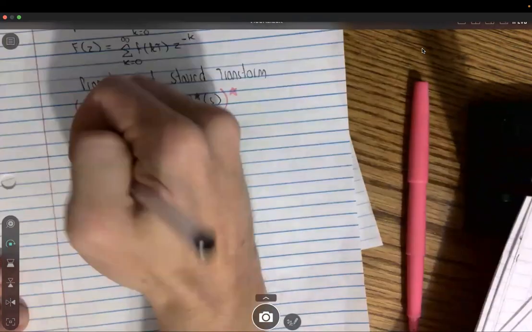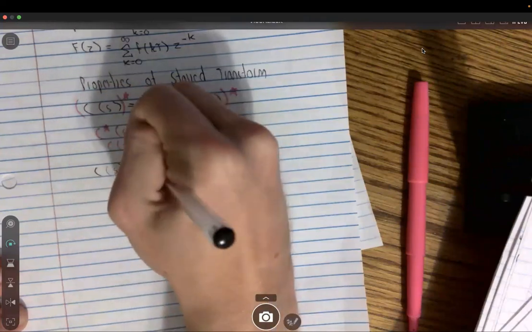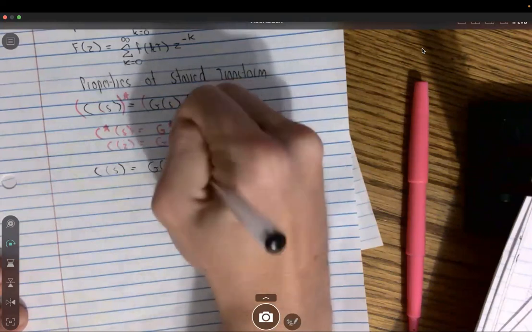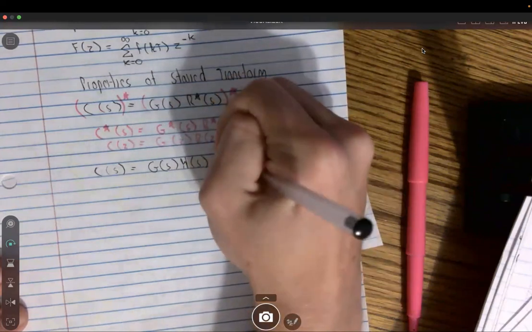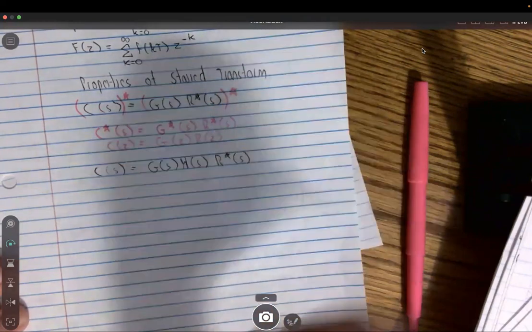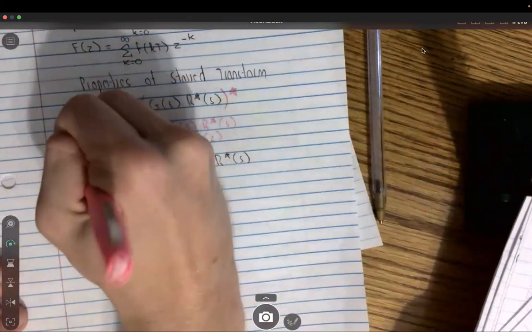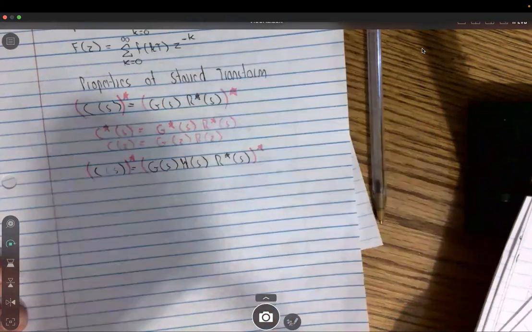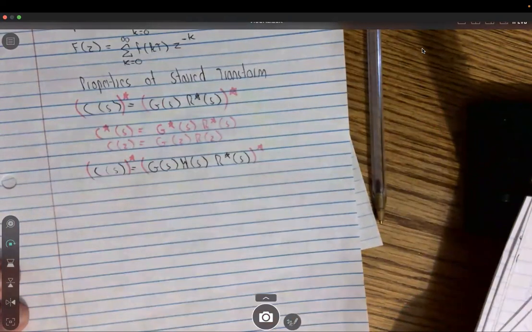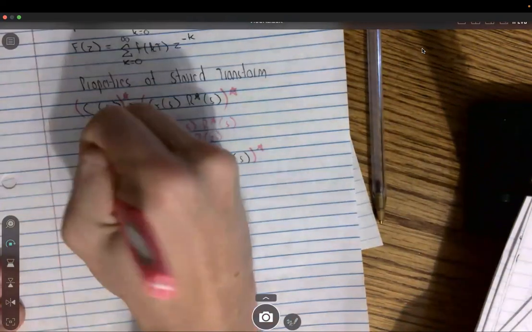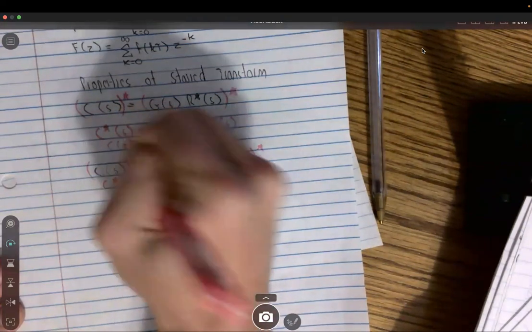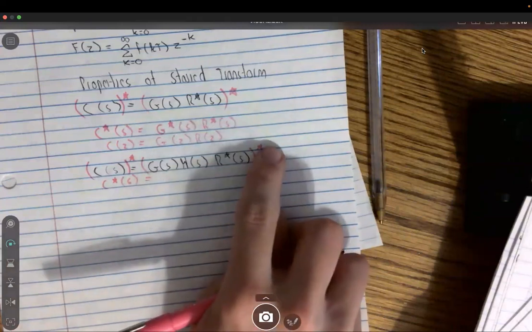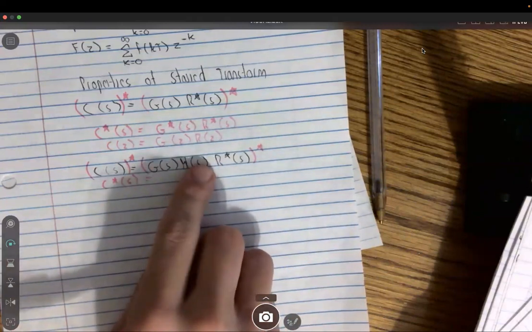C of S is equal to G of S, H of S times R star of S. If you take the star transform on both sides, we get C star of S is equal to... Now, notice that the star transform is going to apply to both terms here.